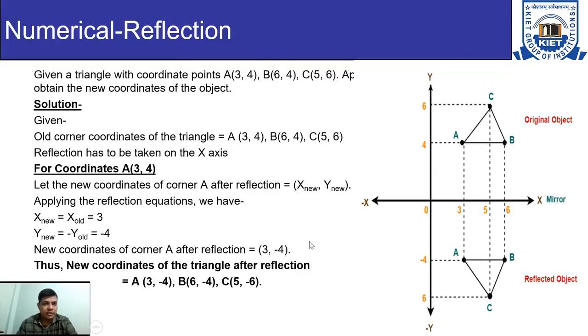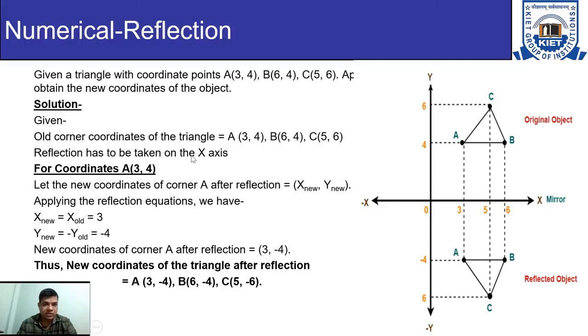Here we are seeing one numerical on reflection. I have a triangle with the points (3, 4), (6, 4) and (5, 6). We have to perform a reflection about the x-axis, and you know that whenever you perform reflection about the x-axis, the value of y flips.